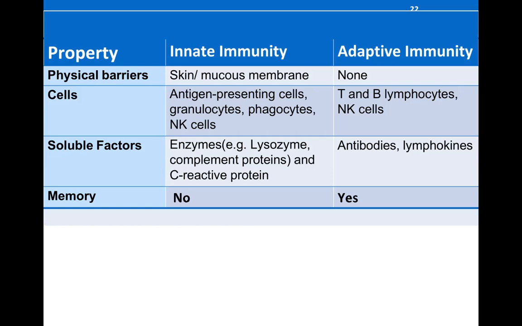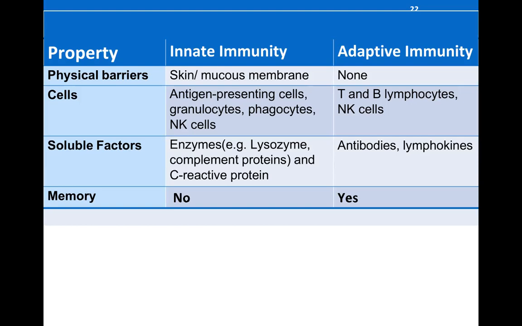The cells found in the innate immunity would be the antigen-presenting cells, your granulocytes, your phagocytes, and your natural killer cells. Whereas your adoptive immunity, aside from natural killer cells, majority of the cells would include your T and your B lymphocytes. Okay, please take note of this.